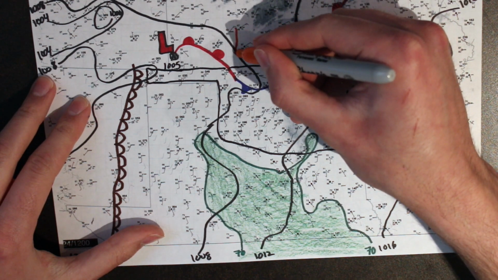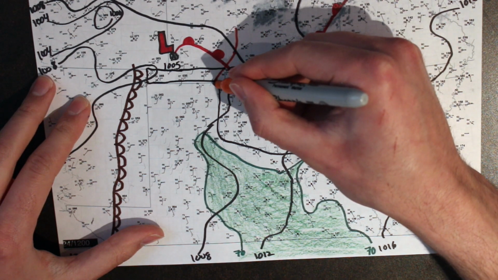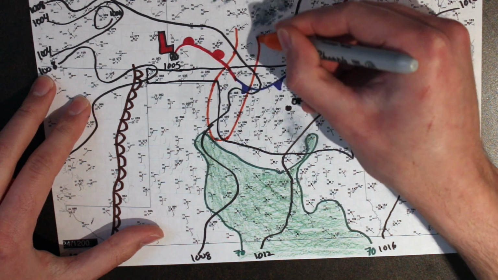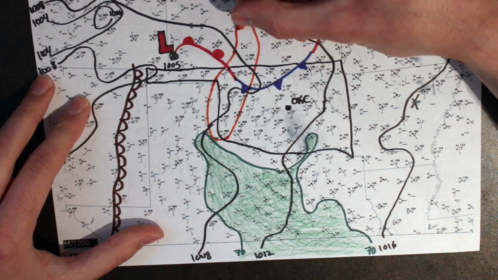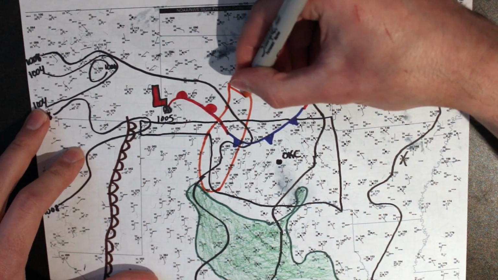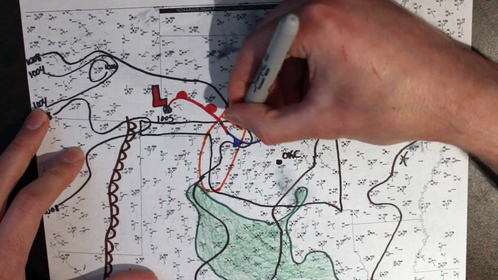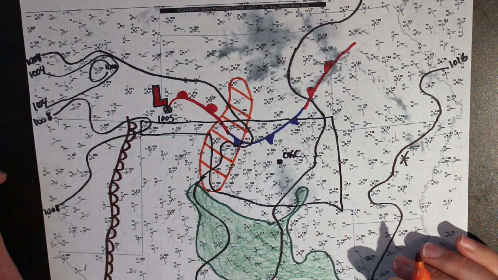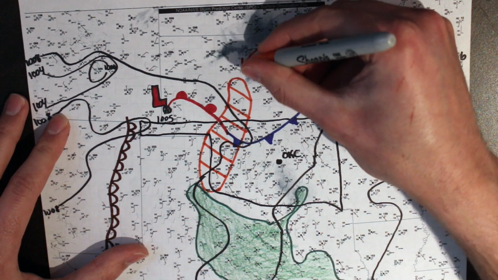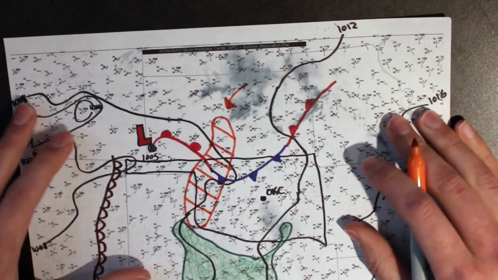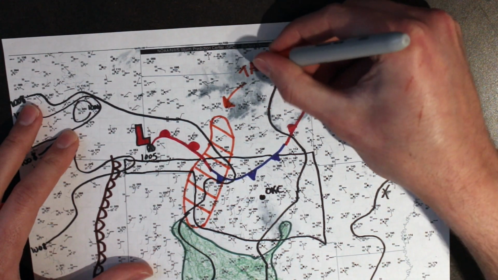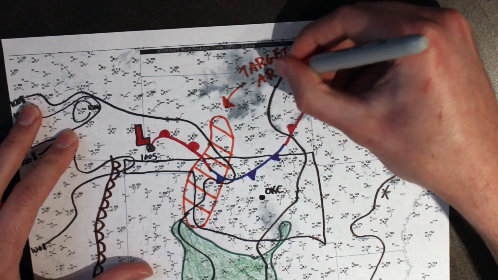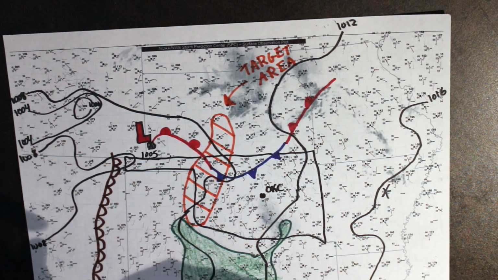It's going to be roughly something like this. Then I'm going to hatch it. All right. And I'm going to name this my target area. It'll just be a rough ballpark of what I'm looking at.